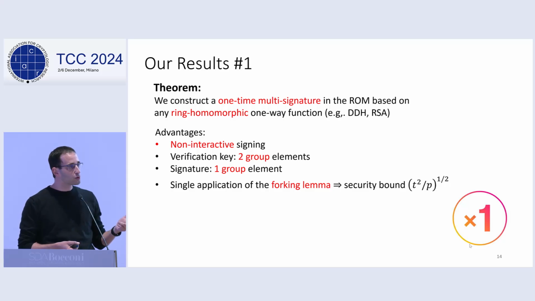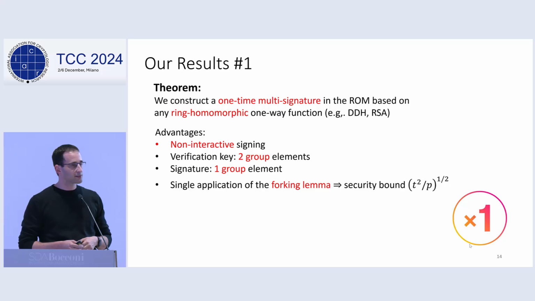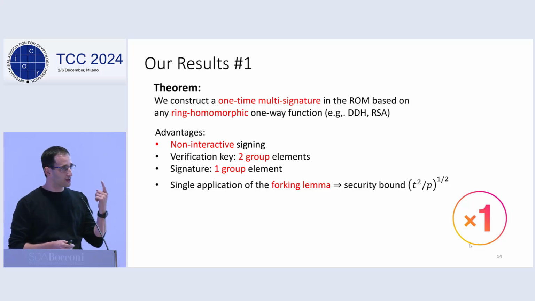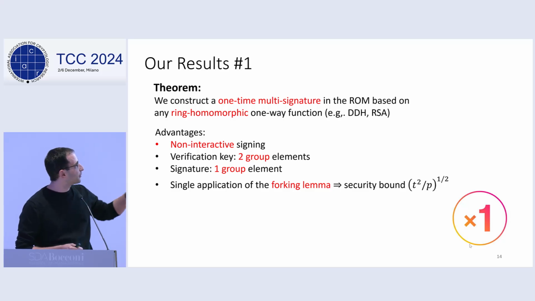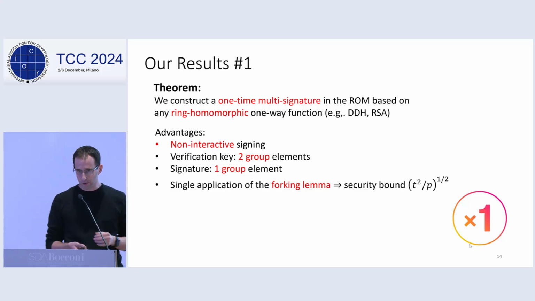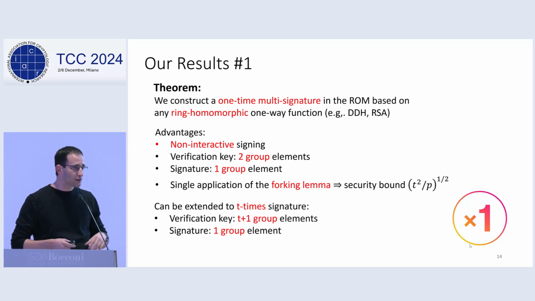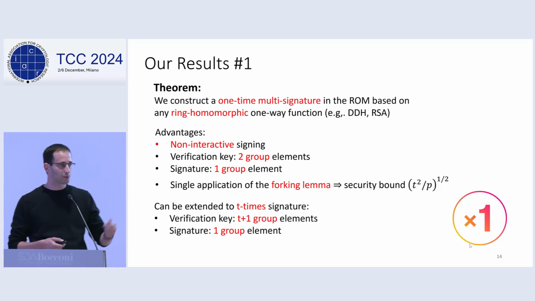The verification key is 2 group elements, so it's very succinct. In general, it's a very practical scheme. The signature is only 1 group element, and we only apply the forking lemma once, meaning that we get a security bound t squared over p to the half, which is exactly the security of standard Schnorr. And you can also extend this to a t-time multisig, meaning you can ask for T queries for some small number T.